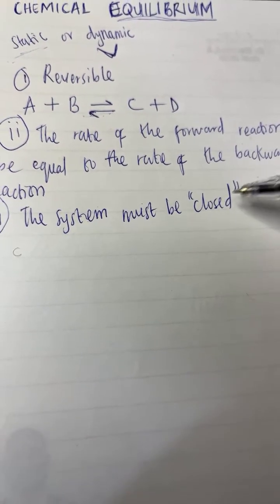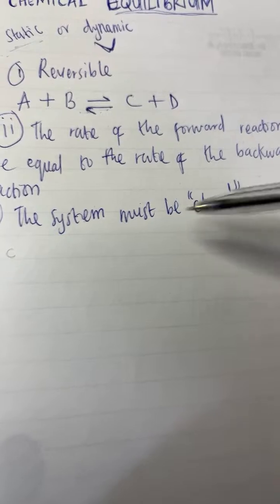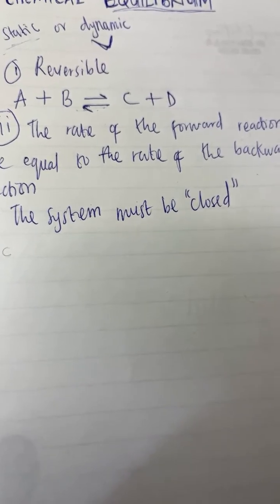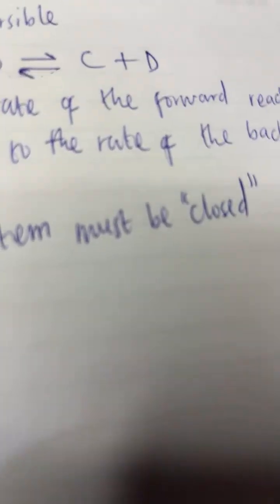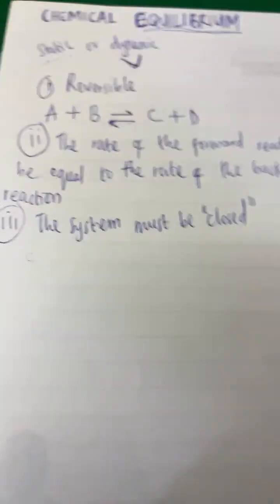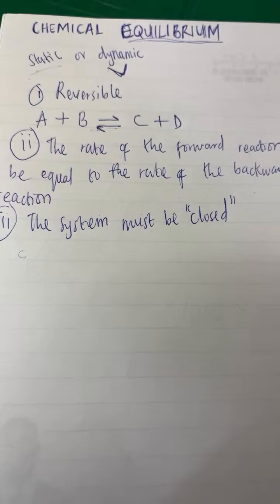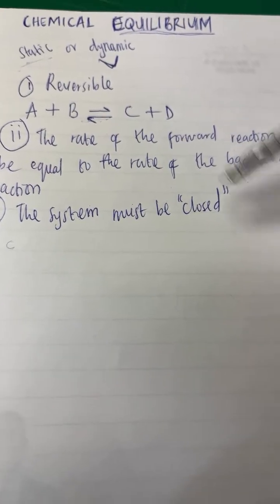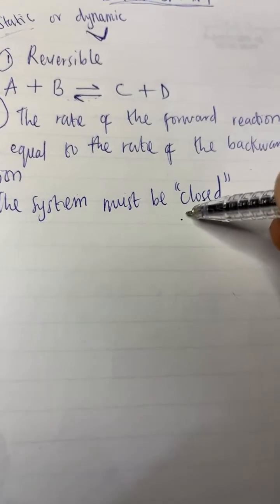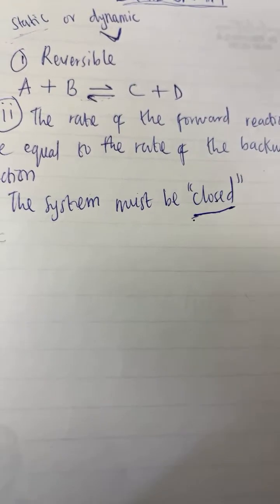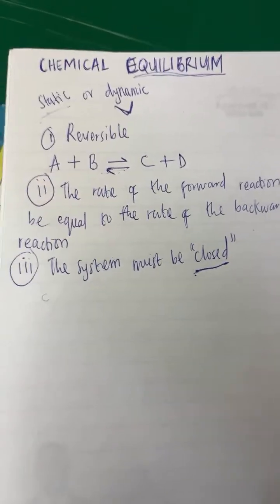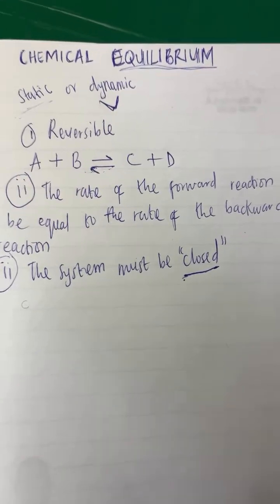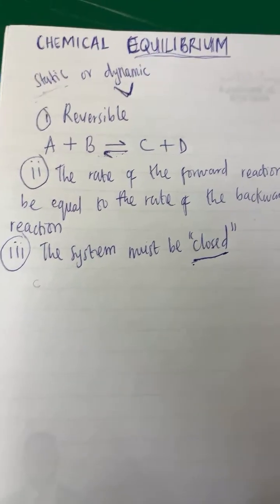Can anybody tell me why the system has to be closed? What do you understand by a closed system? Let me hear from you. If we say that a system is closed, what do we mean in chemistry? I'm waiting for you before we continue.